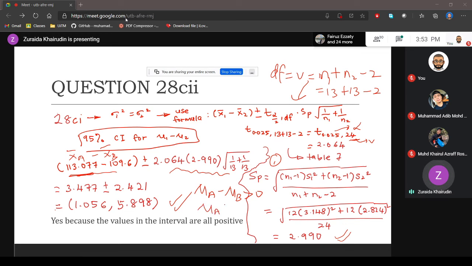If mean A is greater than mean B, the value must be positive: mean A minus mean B greater than 0.